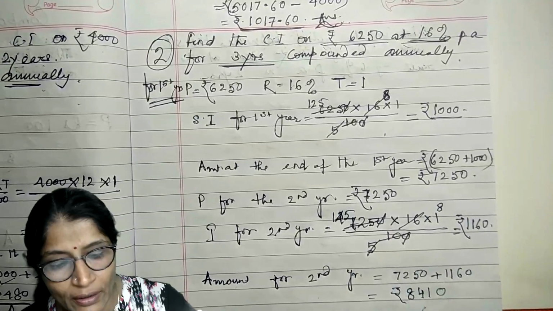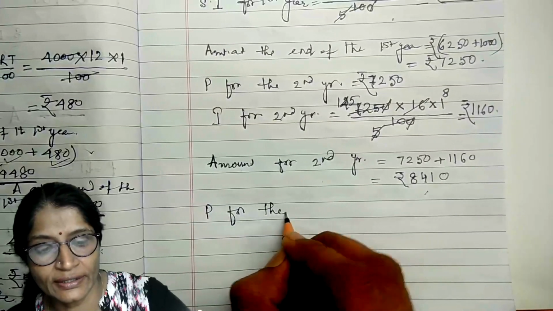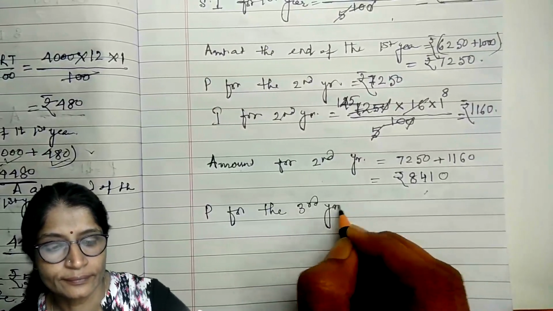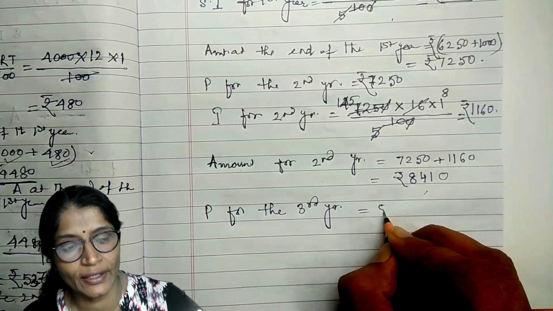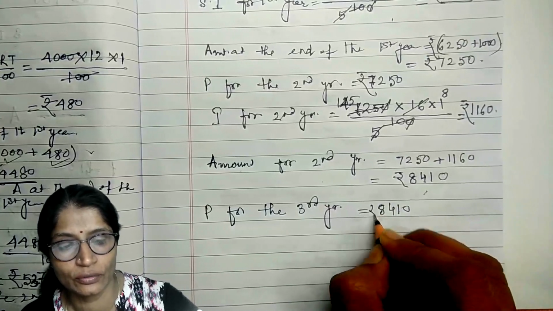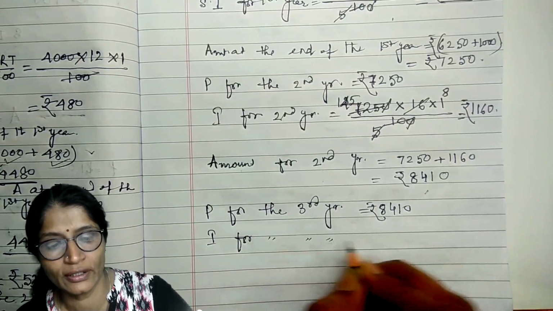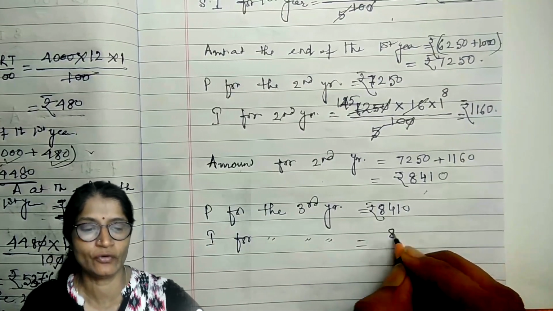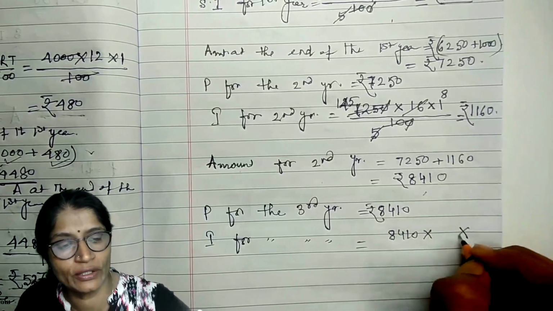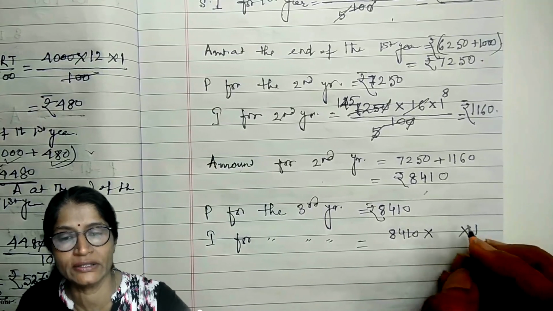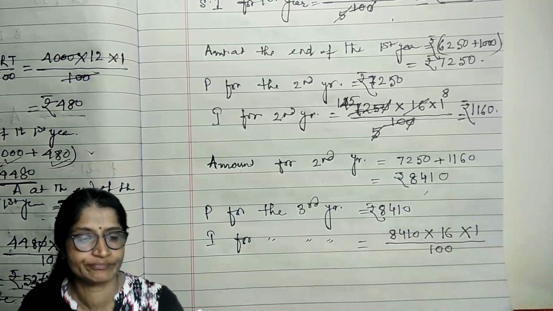So P for the third year is equal to 8410. Okay, now interest for the third year, principal is 8410, and time duration is 1 year, and rate of interest is the same, that is 16%. So 16 divided by 100.